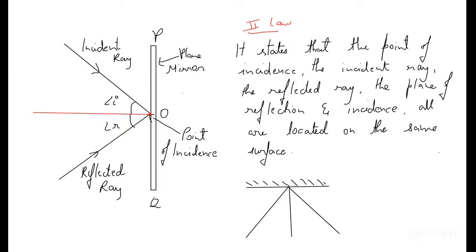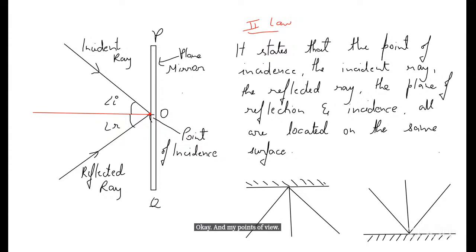If my mirror is placed like this, then I'll have my incident ray, reflected ray and normal, and my points of incidence will be here, this point, and here, this point.